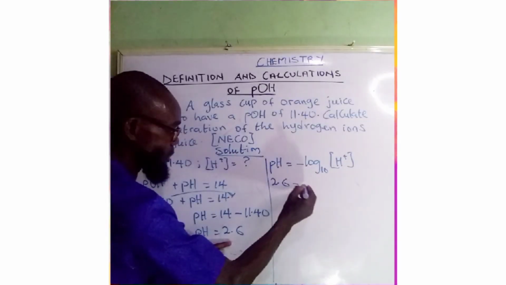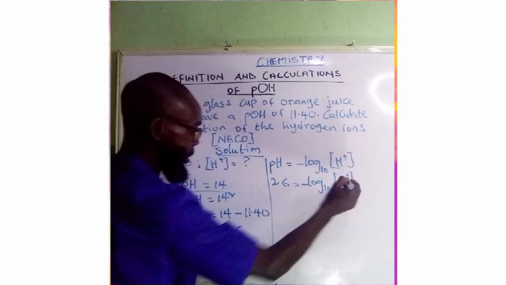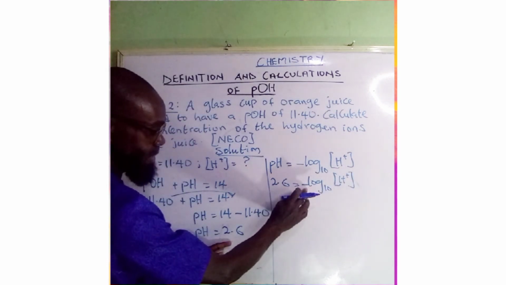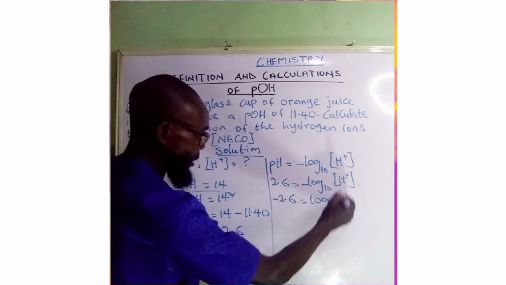But the question says we should calculate the concentration of hydrogen ion. So from this pH, we are good to go. We can now say that pH of a solution equals minus log to base 10 of hydrogen ion concentration. So we input our value here. Our pH here is 2.6, so we have 2.6 is equal to minus log to base 10 of hydrogen ion concentration. Multiply both sides by negative sign. We have minus 2.6 equals log to base 10 of hydrogen ion concentration.